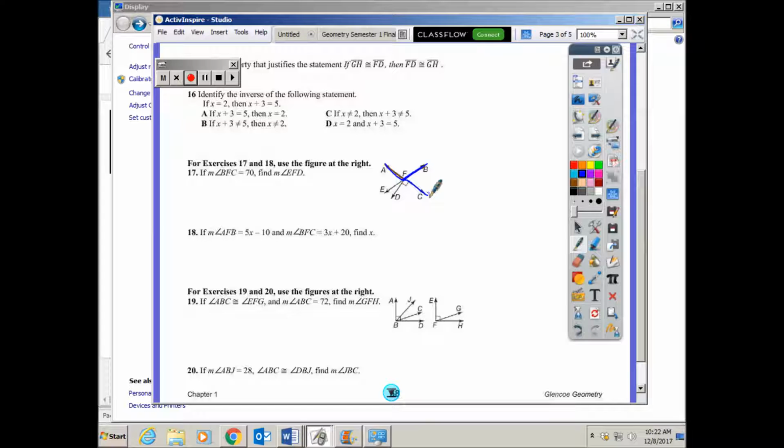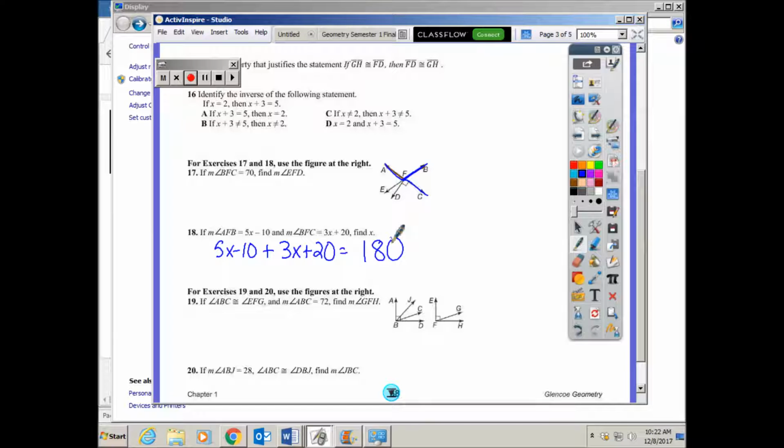A linear pair is going to be equal to 180 degrees. So I'm going to take the expression for the measure of AFB, and I'm going to take the expression for the measure of angle BFC. I'm going to add them together, and that should equal 180.